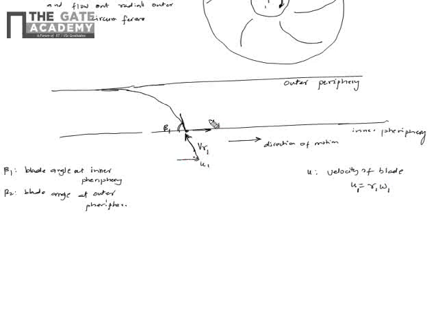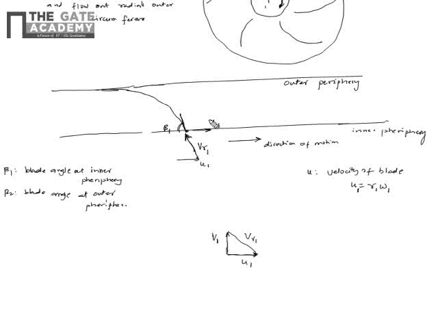So u1 plus vr1 at the inlet: u1 is this way, vr1 is this way. U1 is the velocity of the tip, vr1 is the velocity of the fluid relative to the tip. The resultant of u1 plus vr1 is the absolute velocity of the fluid relative to the ground.